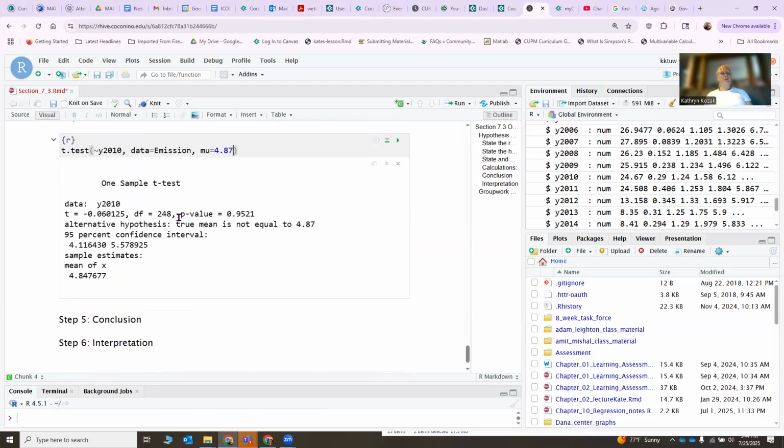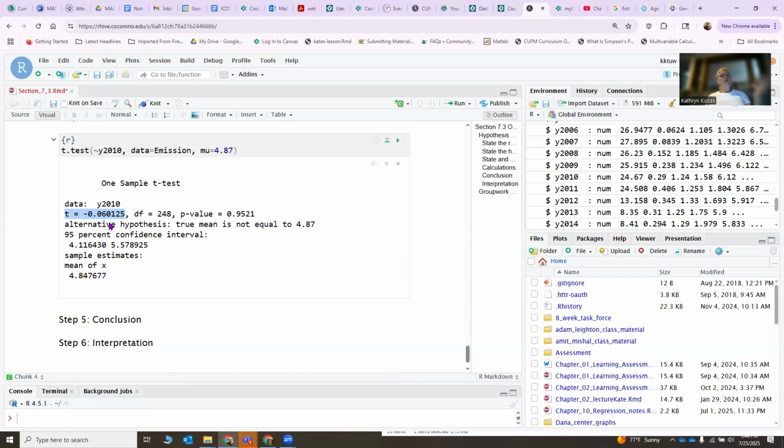So I run this. Here is my p-value. Here is my test statistic. So my test statistic is negative, which means that 2004 is probably less than 2010, because we're going to take the 2010 value and subtract off the mean of 2004.